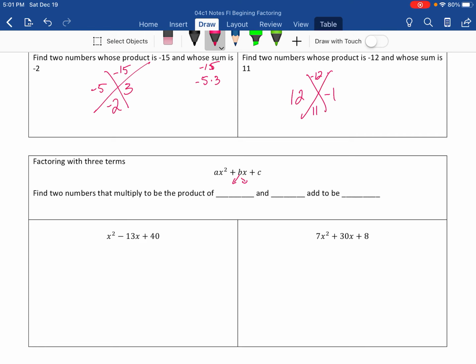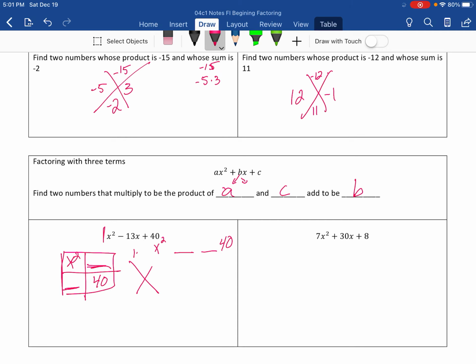And this middle term always multiplies to be the product of A and C and adds to be B. So right now, if I were to try to factor this, well, I'd put my x squared here and my 40 here, but I would have to figure out what goes there and there if you're doing the box method. If you're doing the FOIL method, you would have to figure out what numbers go here and here so you can find your greatest common factor. And so that's where that comes into play.